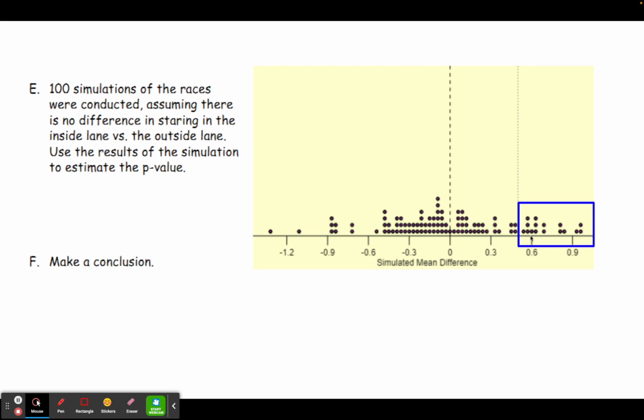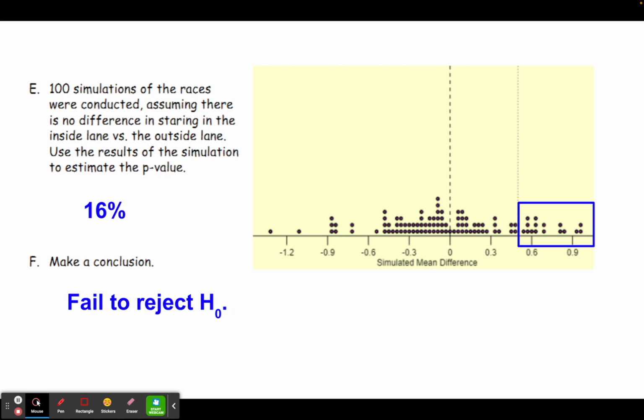But anyway, if we look at this and estimate about where 0.5 is, we can see that there are a lot more than 5 dots here, right? So regardless of whether we count up there, like when I counted, I got 16 dots, maybe you get 15, depending on where you think the 0.499 is located. Either way, that value is above 5%. And that would lead us to the same conclusion, which is that we would fail to reject our null hypothesis.